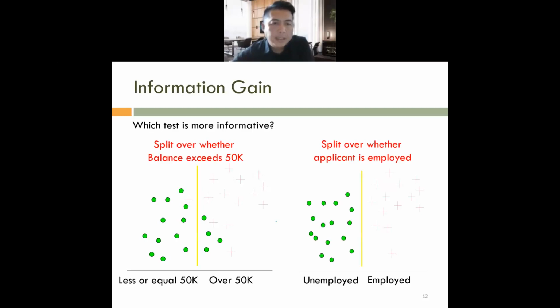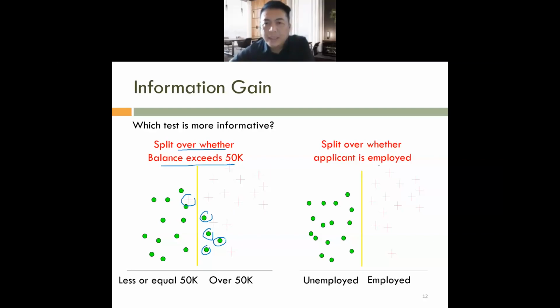For example, if we split the data over where the balance exceeds 50K, we will have this 4 and one here which is misclassified. Not misclassified, they do not belong to the same class.